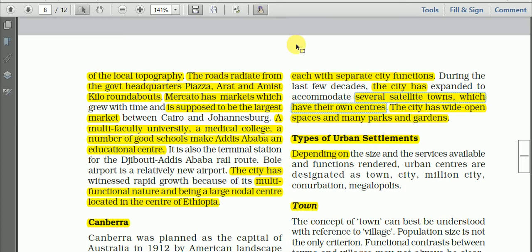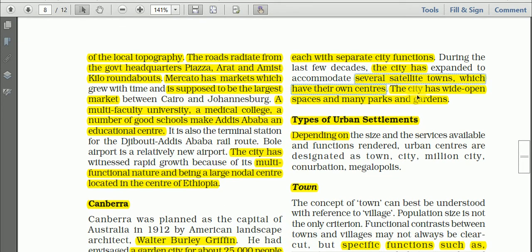So again, let me repeat, Canberra has 5 main centers, each with separate city functions, and Canberra has several satellite towns which have their own centers. Satellite towns, as I mentioned earlier, are smaller municipalities adjacent to Canberra, and they are linked with Canberra.